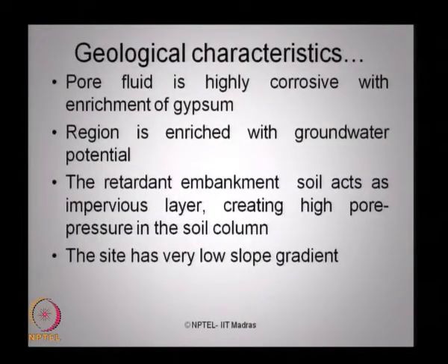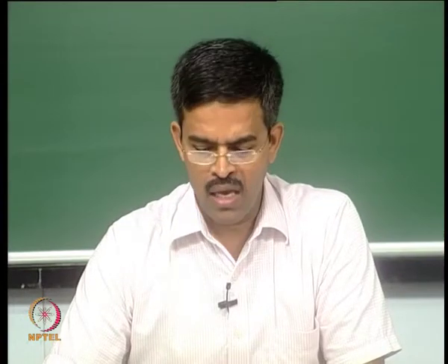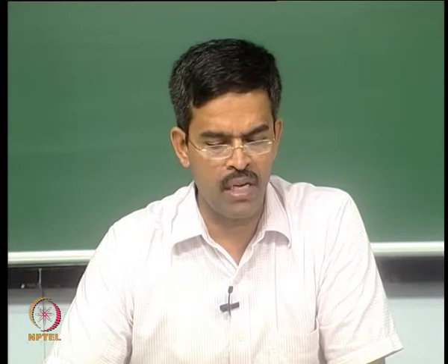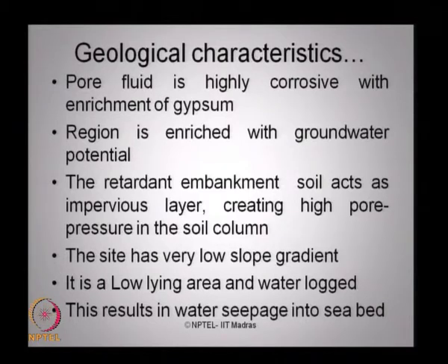And further, the site has one more characteristic, which is a very low slope gradient, because the soil stability at this particular site has been a problem because of the very low slope gradient maintainable in the site, and further it is a very low lying area which is generally waterlogged even in case of rains, as a result of which there is an extreme water seepage into the seabed, which results in rise of seawater level at the specific site.